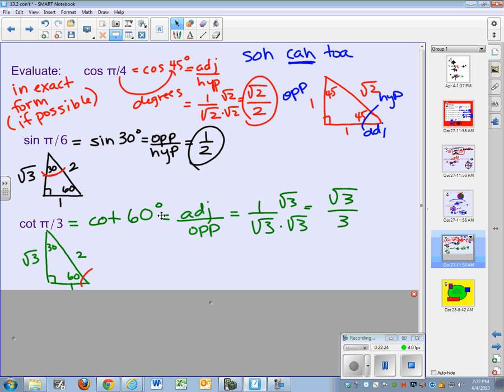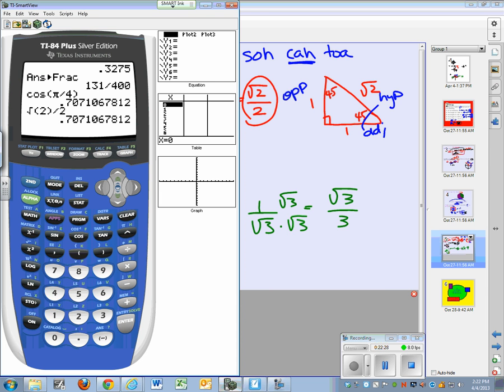Are we confused? Okay, good question. So notice on your calculator there isn't cotangent, right? There's just the 3 basic trig functions, sine, cosine, and tangent. Don't use the second feature up above. That's actually to solve for angles. What we want to do instead is use the reciprocal idea.